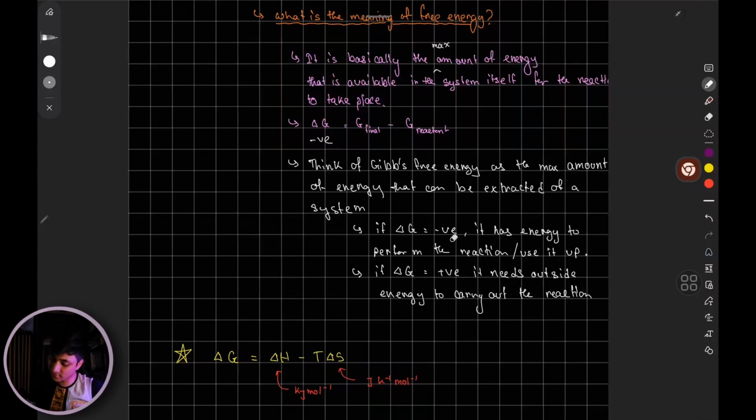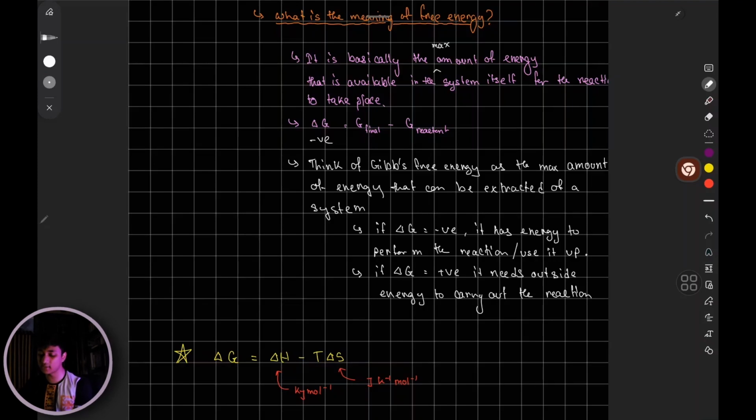If it is negative, it has energy to perform the reaction. If it is positive, you need to add extra energy from outside. It needs energy from its surroundings, because on its own it cannot carry out the reaction.